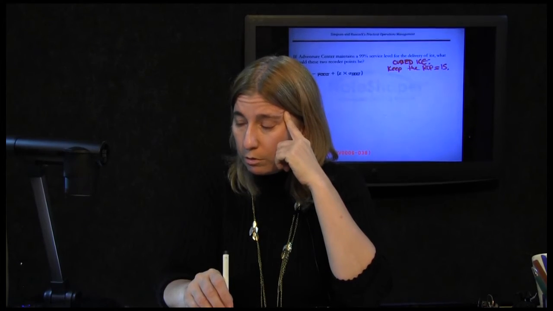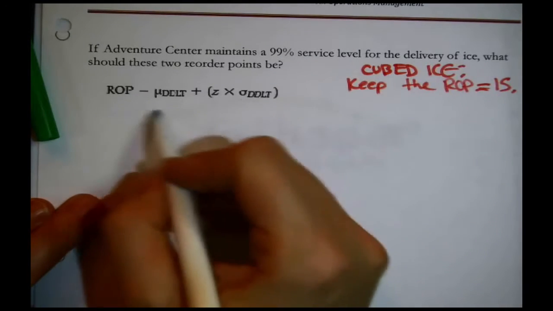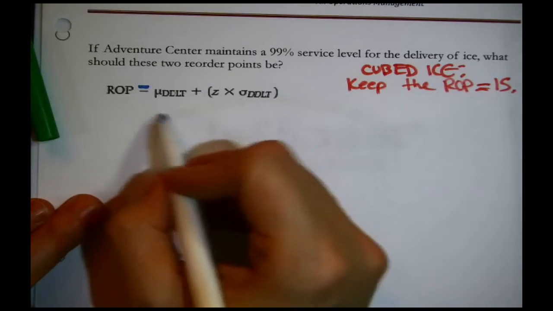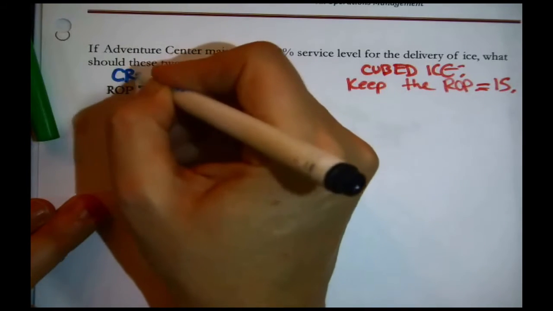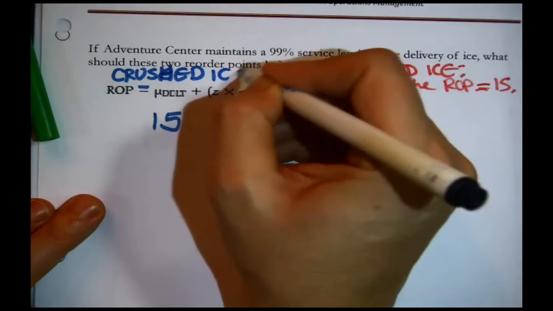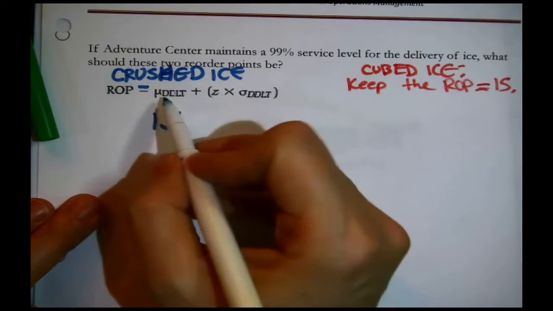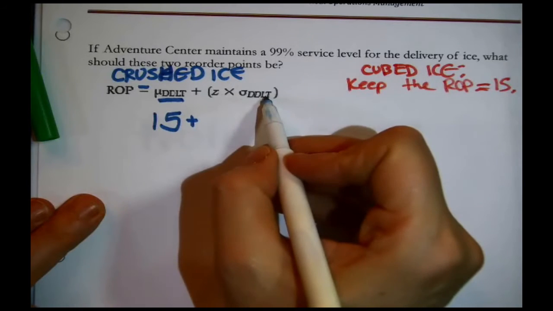But the reorder point of 15, as we had just remarked, is only providing a service level of 50% for the crazier crushed ice. So we need to determine another reorder point. Here's our formula for reorder point. Reorder point is average demand during lead time. For crushed ice, start with the average demand during lead time and add some safety stock, in the parentheses.